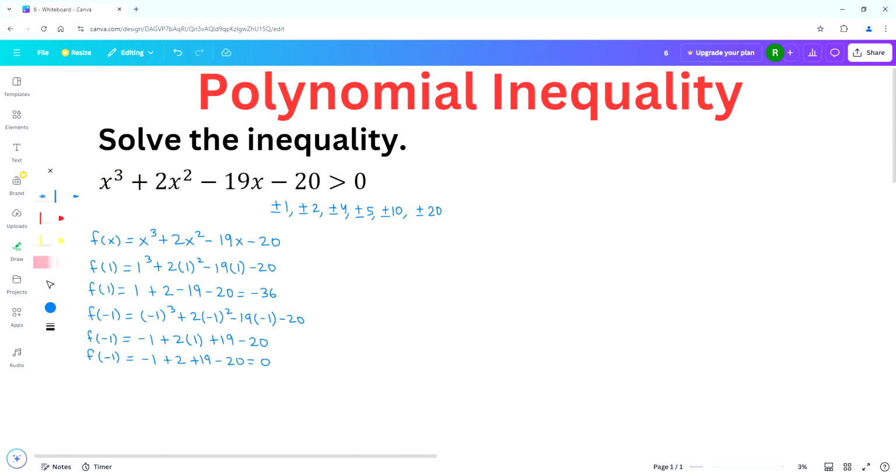I get 0. That means that at x equals -1, the value of the cubic polynomial is equal to 0. So the first factor for this cubic polynomial is x plus 1.